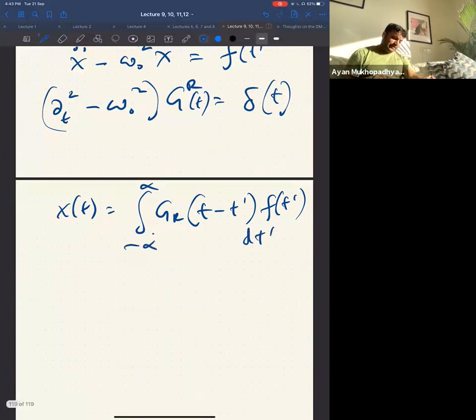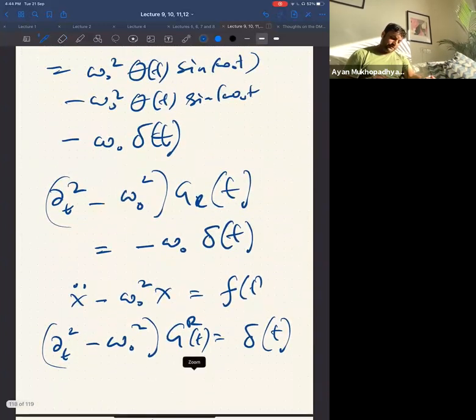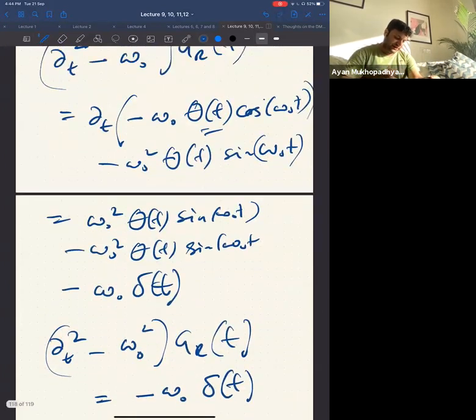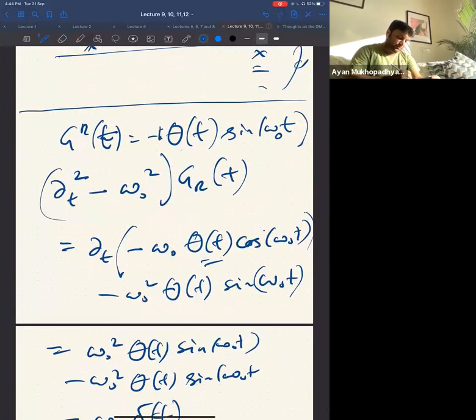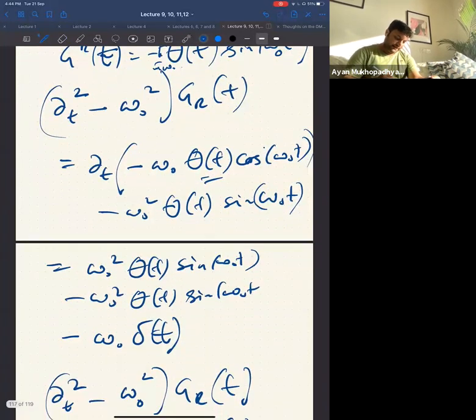I don't know why I'm not getting this correct. Why am I getting an extra minus omega naught? I'm wondering if I missed something when I wrote this. Let me take a look. In real time, G_R. Actually, yes, I did miss something. This is h bar by m omega naught, of course. This is something I wrote last time, but I didn't write today.